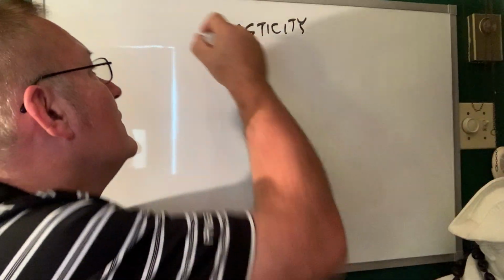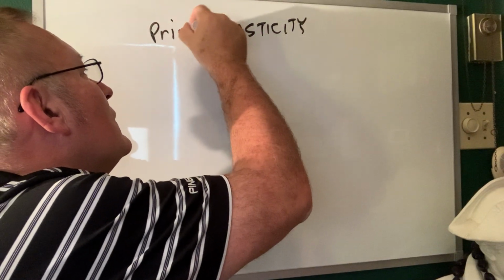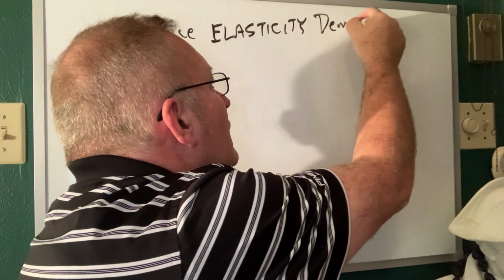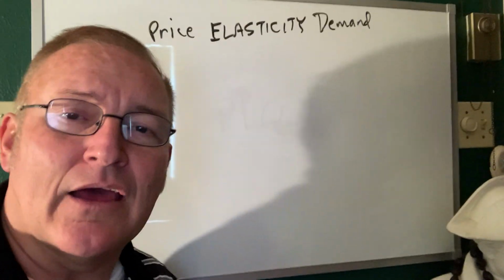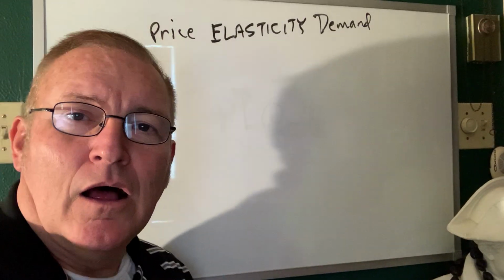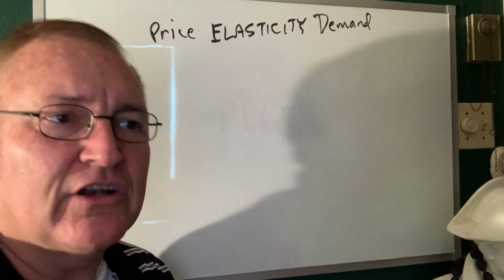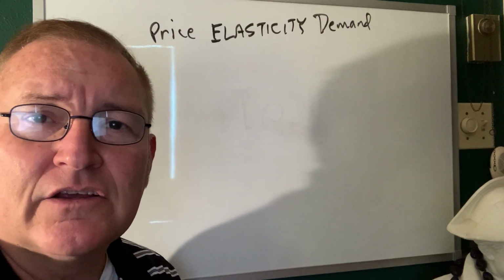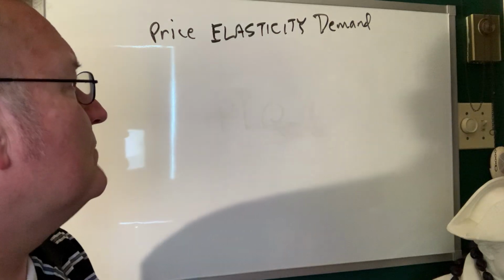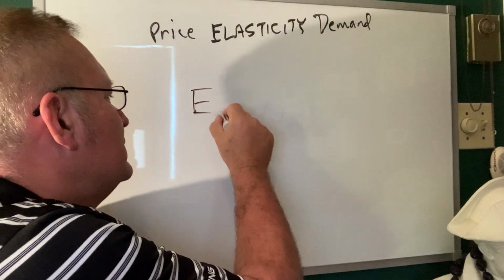So in fact, the price elasticity of demand is what tells us, given a change in price, how much the quantity demanded changes. And we can represent it this way.